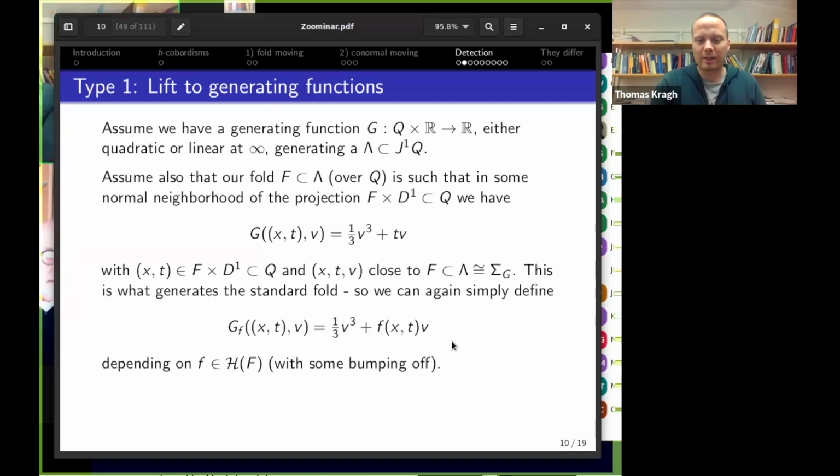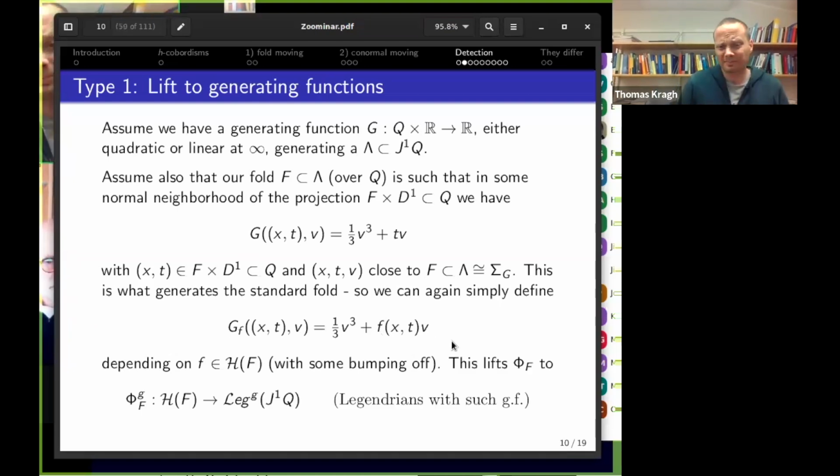If you bump off correctly, then you get a lift of the original thing to Legendrians in this jet 1 bundle. But now I put a G to signify Legendrians with a generating function. So this entire map lifts to a family of generating functions, generating this family of Legendrians.